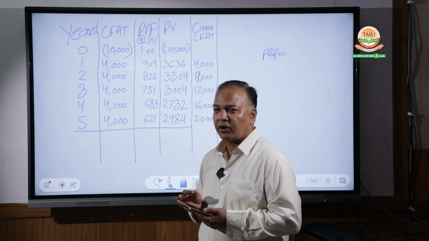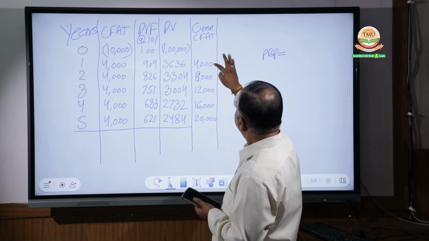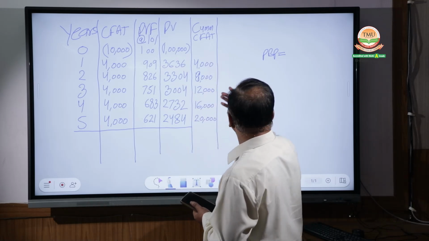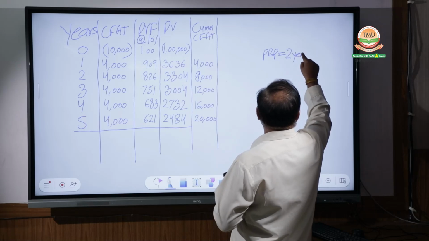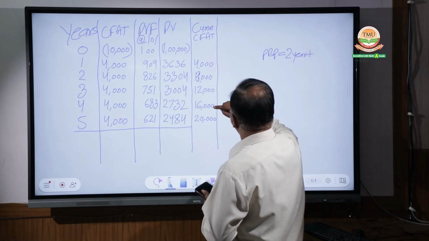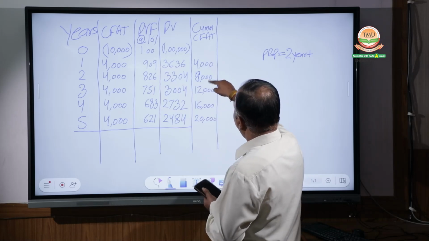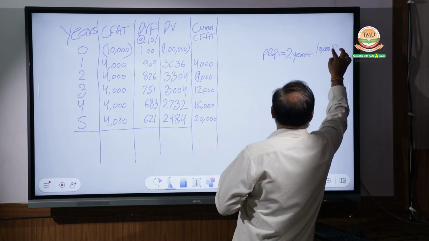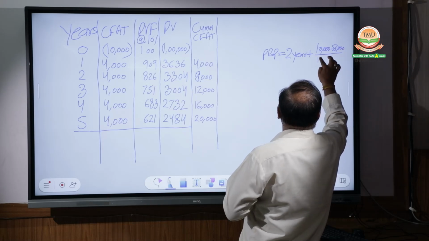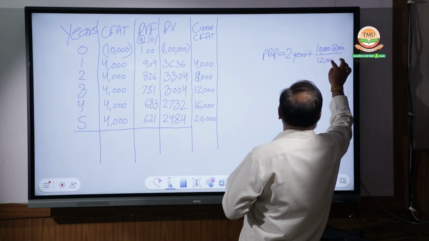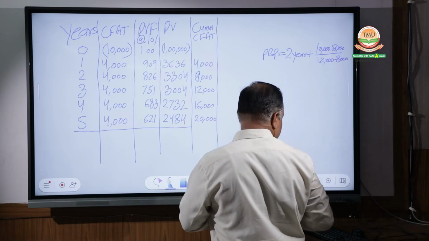And what will be the exact point? To find out we have to use this formula: preceding year, 2 years, plus 10,000 minus 8,000 divided by 12,000 minus 8,000.